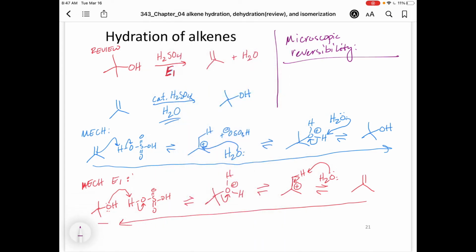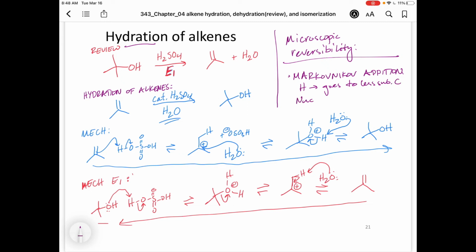We also still have, for hydration of alkenes, we still follow Markovnikov addition, where the H goes to the less substituted carbon. And then our nucleophile goes to the most substituted.